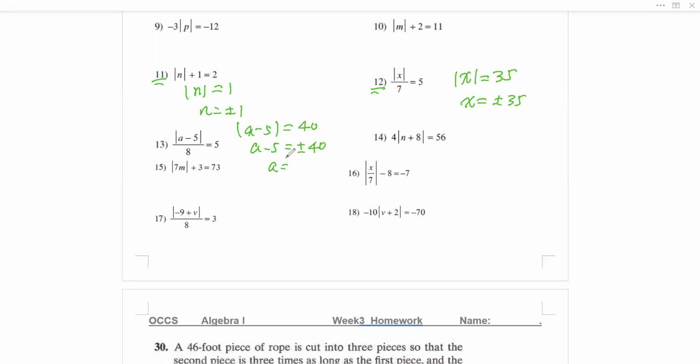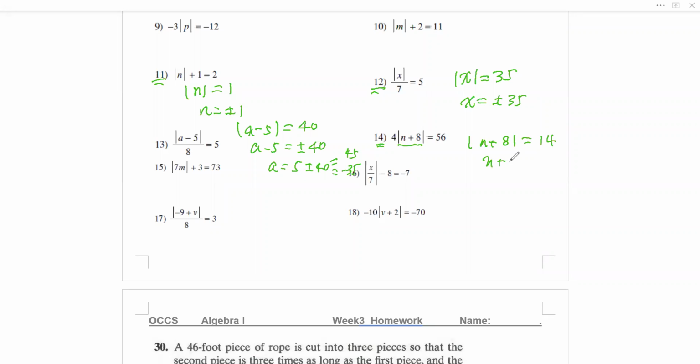So a, both sides plus 5. So 5 plus minus 40. So one of them is 45. The other one is negative 35, right? That's in number 14. Both sides divide 4 first. So you can got this part, right? This part, both sides divide 4. So you can got 14, right?